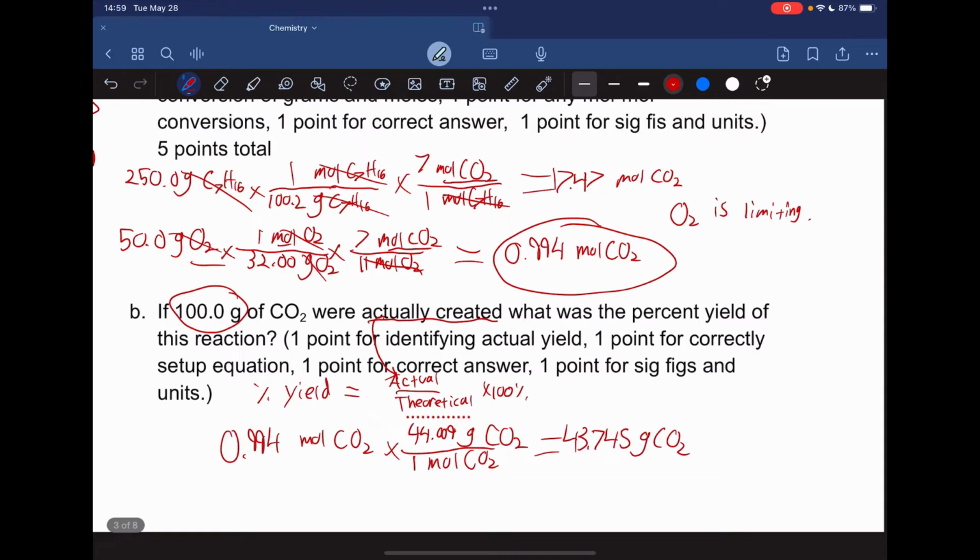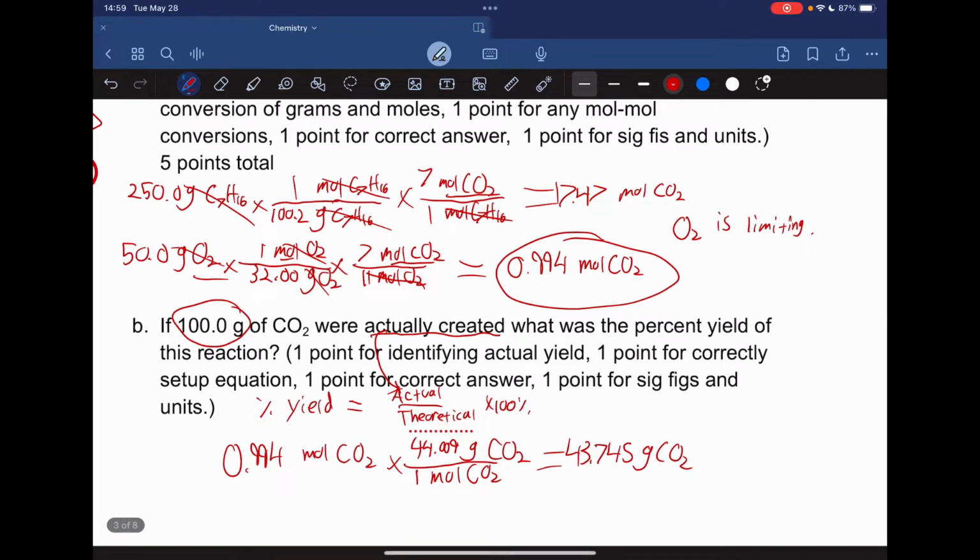So now we're going to place our actual yield above our theoretical, so the percent yield is going to equal, the actual yield was 100.2, 15.0 grams of CO2, and the theoretical was 43.745 grams of CO2.